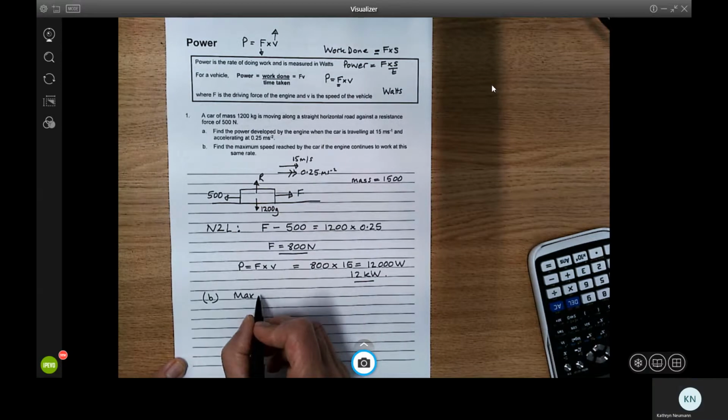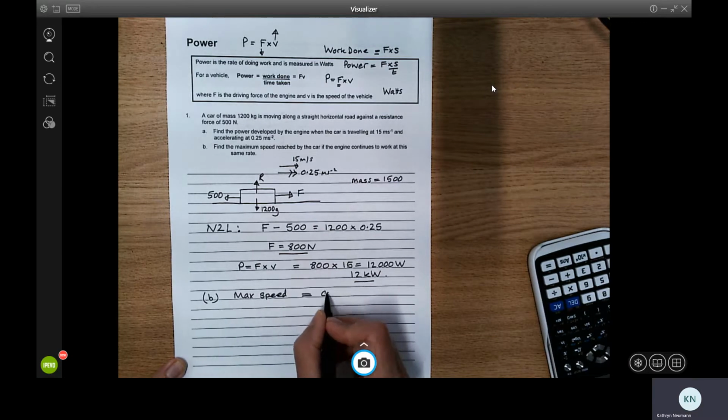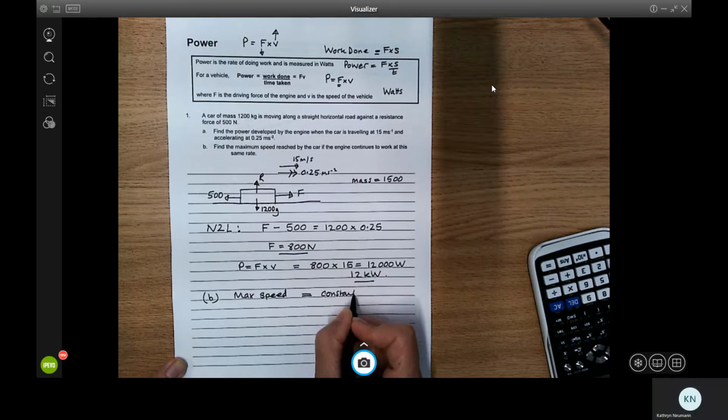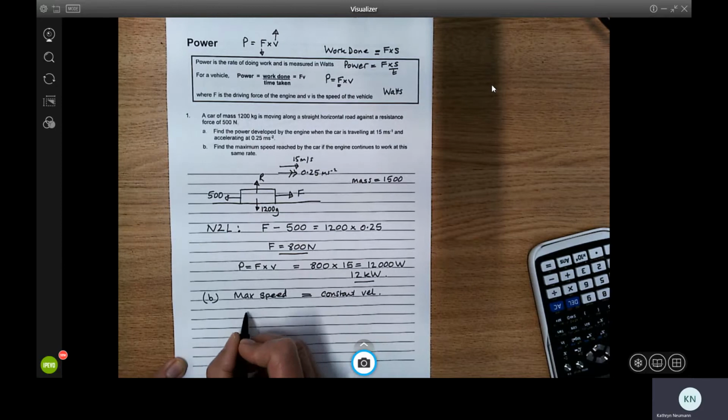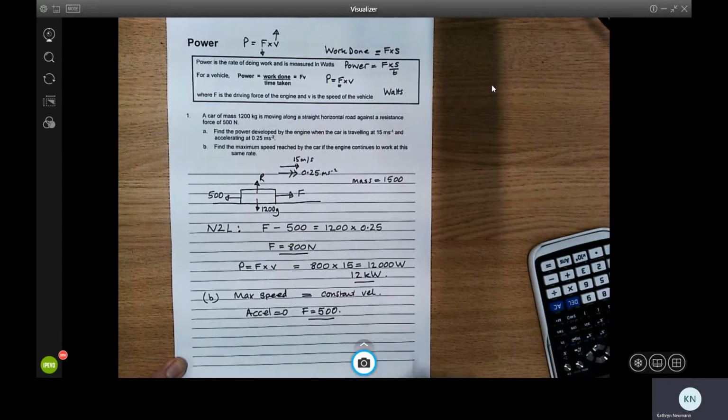Maximum speed happens when the car is travelling at constant velocity, or when acceleration is 0. So acceleration is going to be 0 when the forwards force is equal to the resistive force, which is 500.